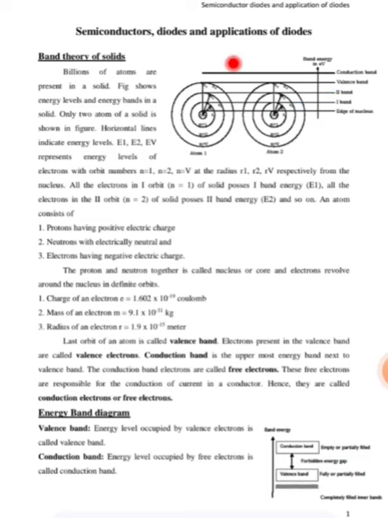According to this diagram, here n is equal to 1, n is equal to 2, n is equal to 3, n is equal to 4, like this. Each and every particle will be having different number of electrons, and accordingly the orbit number will be filled.